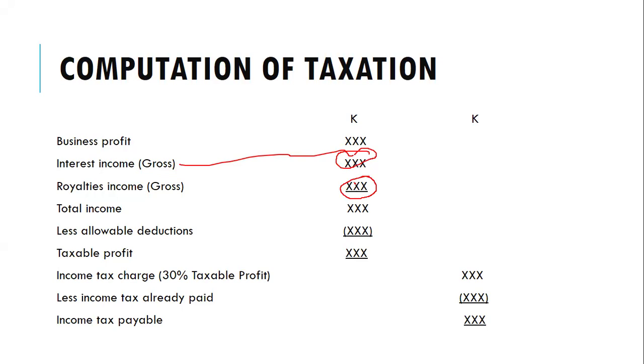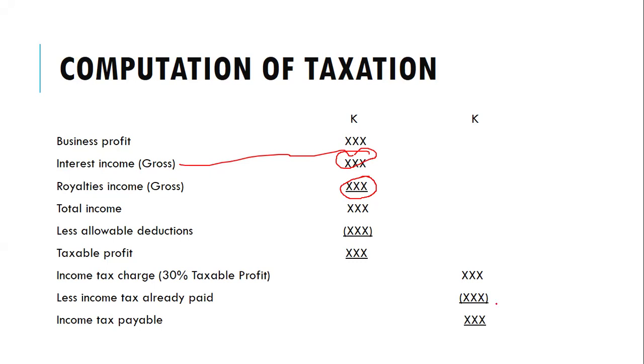So those investment incomes which are not the final tax: the interest on deposits in the bank, the interest on building society deposits, the interest on treasury bills, the interest on government bonds, the royalties that are received. This is where you add them back at gross.